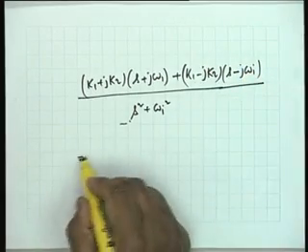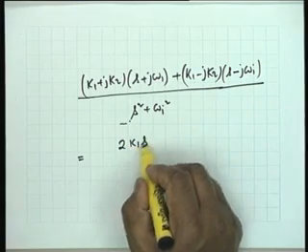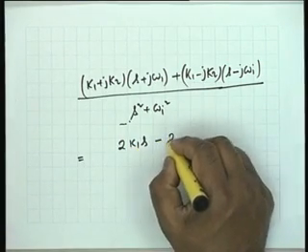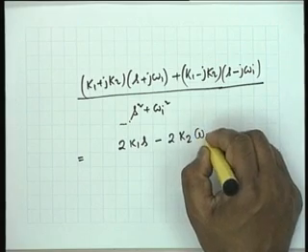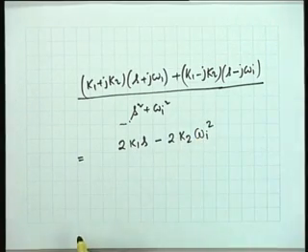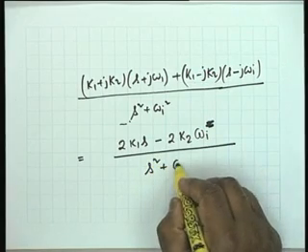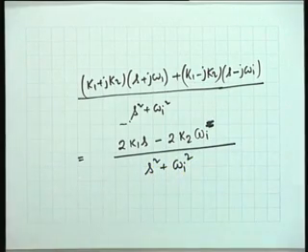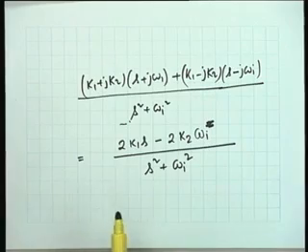This is equal to 2 K1 s minus 2 K2 omega i, divided by s squared plus omega i squared. So now K1, s and omega, K2 all are real. So this is real, K1 and K2 both. When s is real, the function is real.